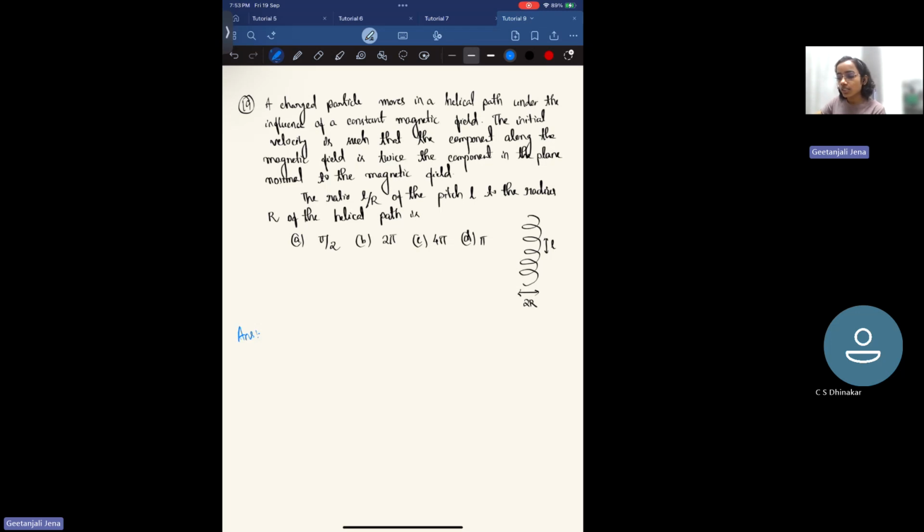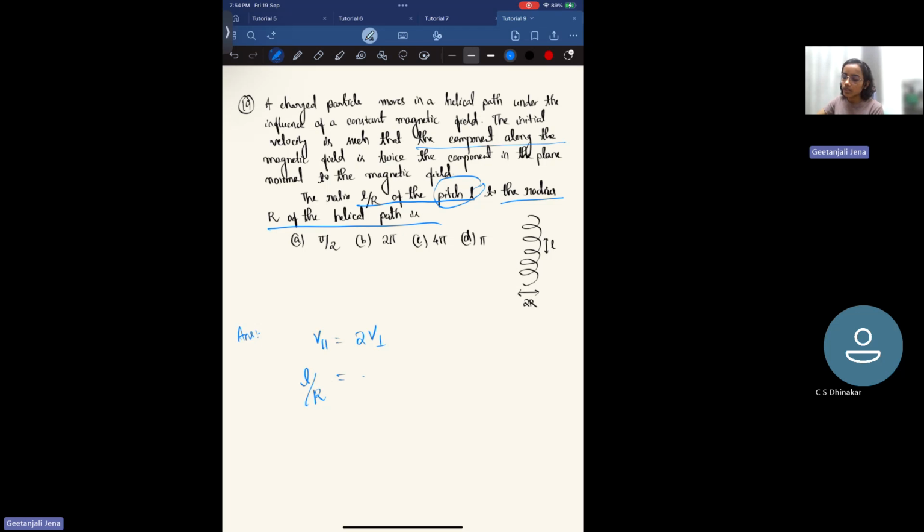The initial velocity is such that the component along the magnetic field, that is V parallel, is twice the component in the plane normal to the magnetic field, V perpendicular. The ratio L by R, where L is the pitch and R is the radius of this helical path. So we need to find out the pitch to radius ratio. So this is directly based on the formula.